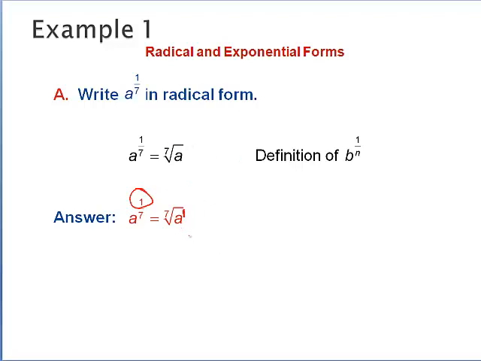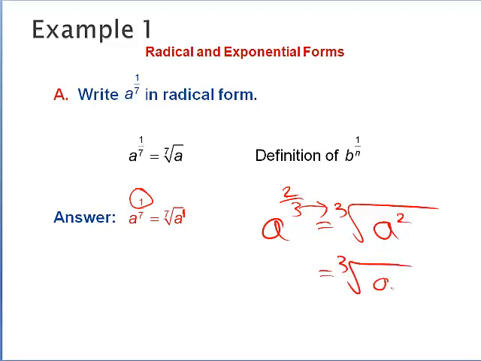In this case it's a 1, so we don't actually have to write it, but in other examples, let's say if I said a to the 2/3, we could write that as the cubed root, so the denominator of the rational becomes the index, a squared. You can also write it like this, and it's the same thing.